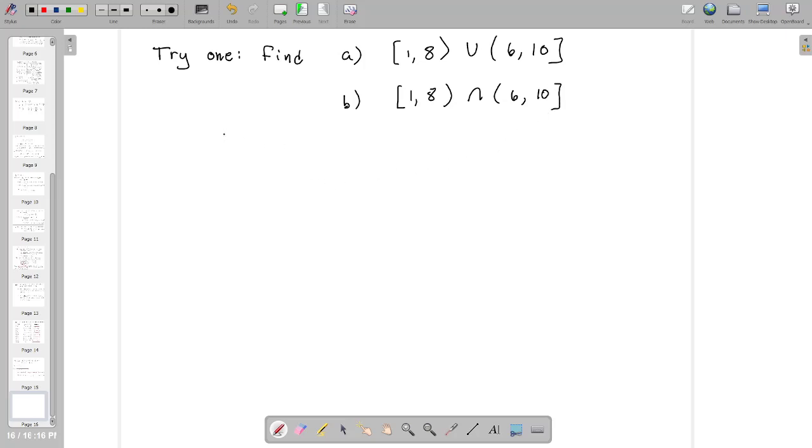And graph the solution. You don't need to write the set builder notation if you don't want to, although it would be good practice. I want you to notice here that my example and this try one problem are slightly different. Be careful with your open circles and your closed circles.